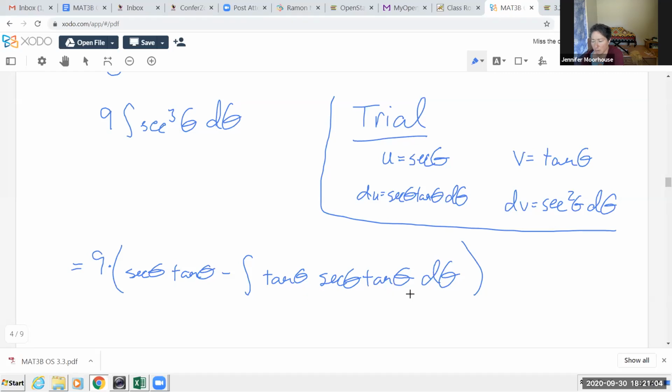Oh yeah, maybe this is one of those where we end up getting another one of the original integrals, and then we have to do some algebra to convert it.